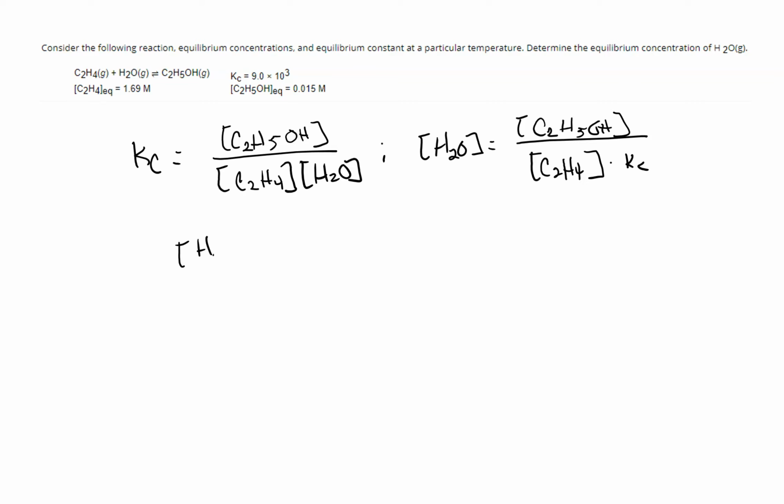Concentration of water at equilibrium is going to equal, for our ethanol, an equilibrium concentration of 0.015 moles per liter. And then our concentration for ethane is 1.69 moles per liter. And our equilibrium constant is 9,000, or 9.0 times 10 to the third.